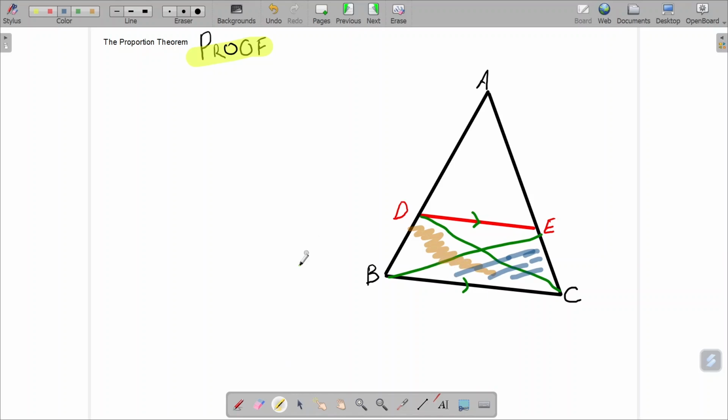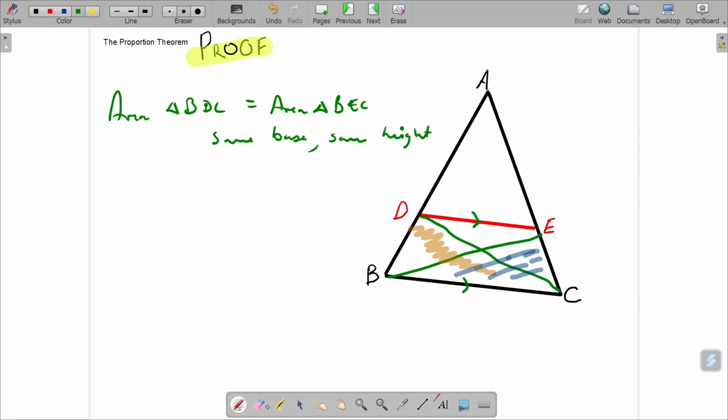and because they are between the parallel lines, they have the same height, and so I know, if I think about it, that the area of triangle BDC must equal the area of triangle BEC. They've got the same base and they lie between the same parallel lines, and they've got the same height.